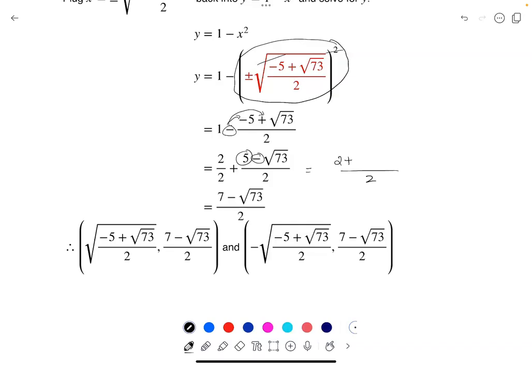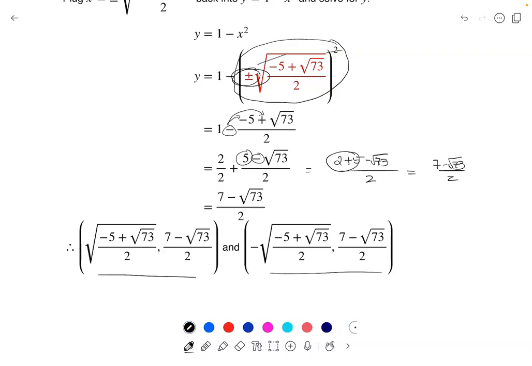This is going to be 2 plus 5 minus root 73. These are like terms, so I have 7 minus root 73 over 2. And I get that regardless of the plus or minus, because both positives and negatives are going to square to a positive number. So I have these as my two ordered pairs. Those are the exact values, and I could plug those into my calculator to get the decimal approximation.